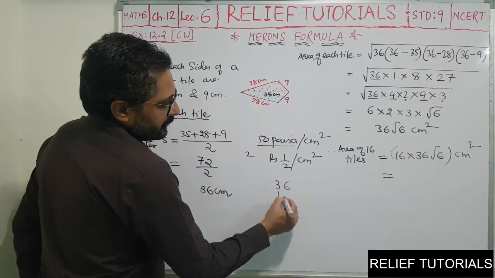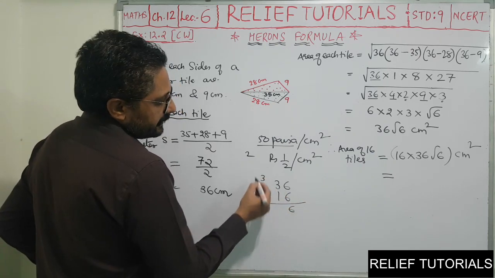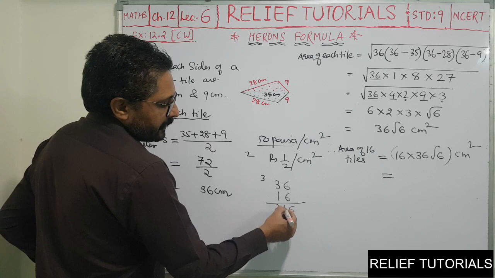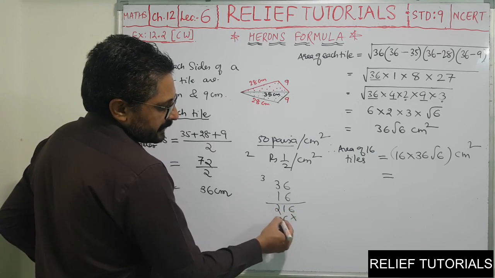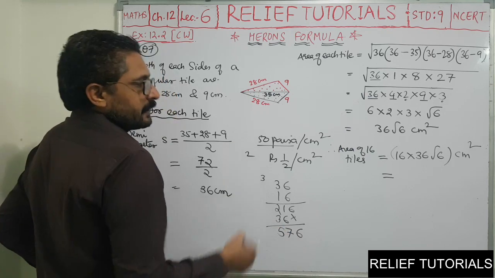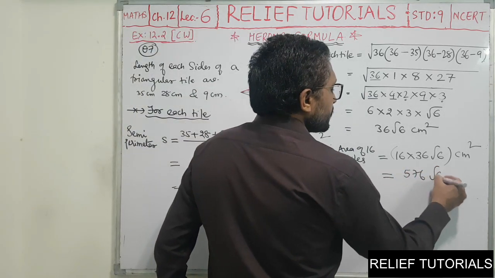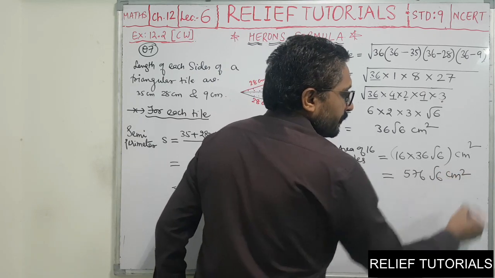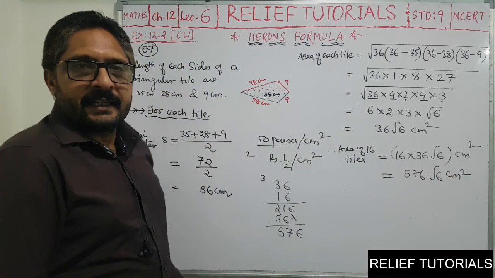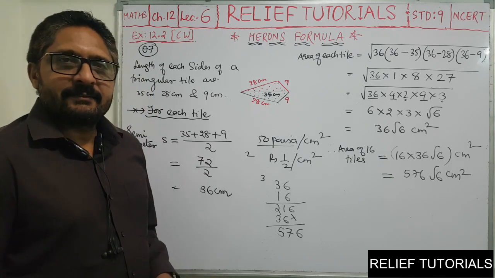Now 36 into 16: 6 6s are 36, carry 3, 6 3s are 18, 21, and so on. So we get 576 root 6 centimeter square. So this is the total area of the floral tile.